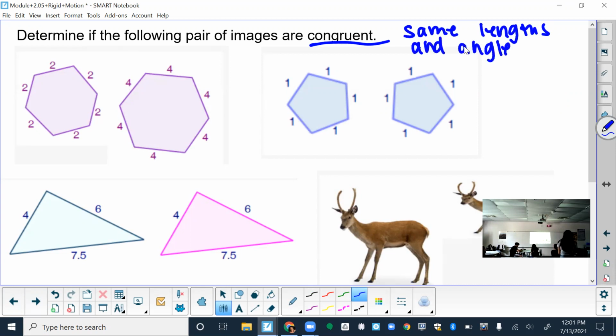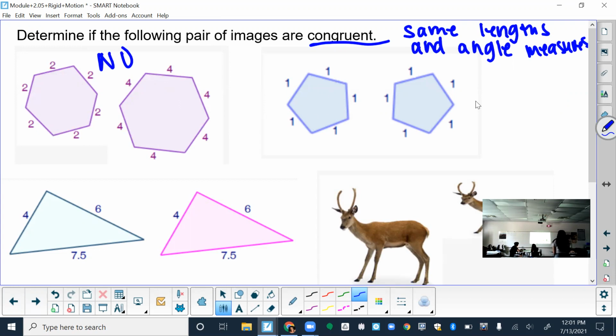That's another way to think of congruency. So are these two hexagons congruent? No, they might have the same angle measures, but they have different side lengths, so they're not congruent.